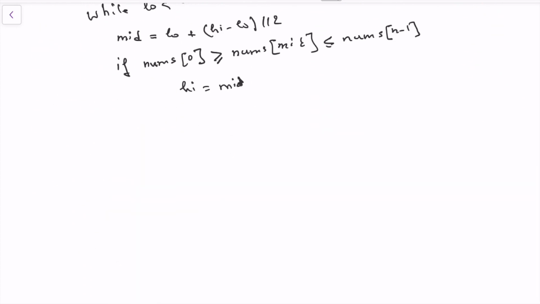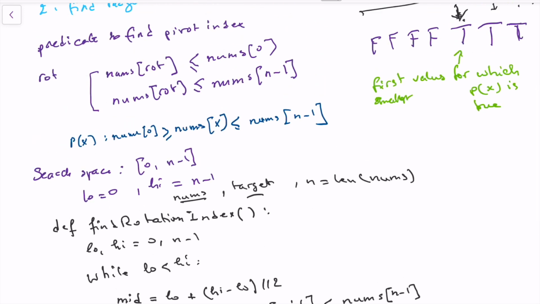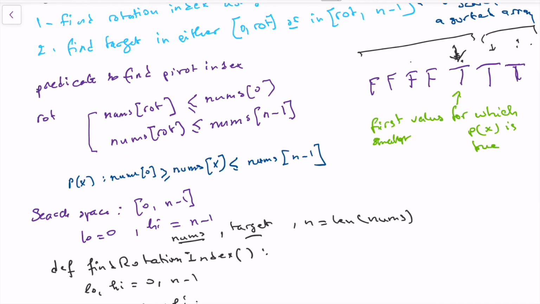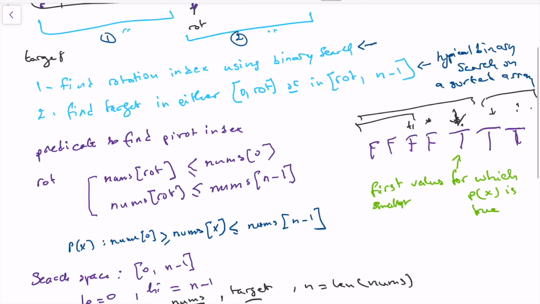And otherwise we need to go to the right, because if it's false, then there is no need to look here because those are false. That's not what we are interested in, there is no pivot in there. And we don't need to include the element we are at itself because we just want the first true. So if anything is false, we can just discard it and look to the right of it.